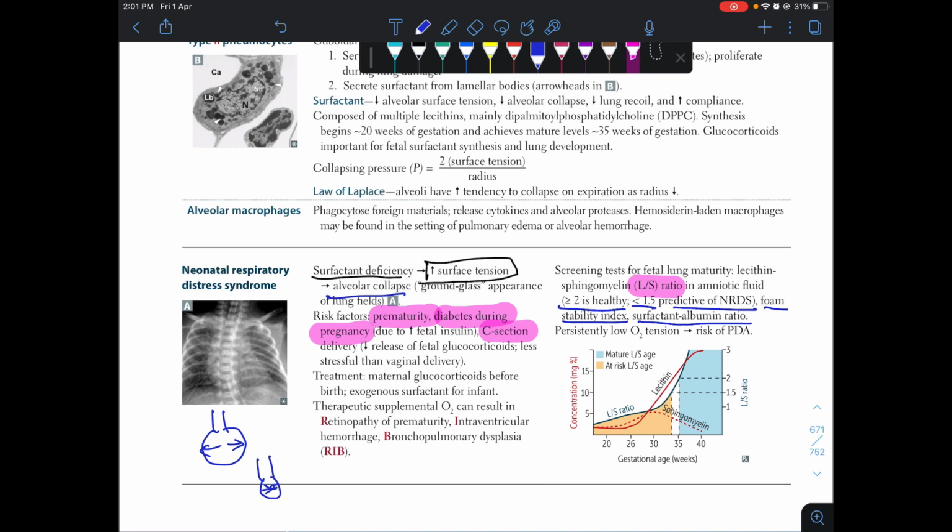And diabetes during pregnancy matters because insulin decreases the fetal surfactant production.